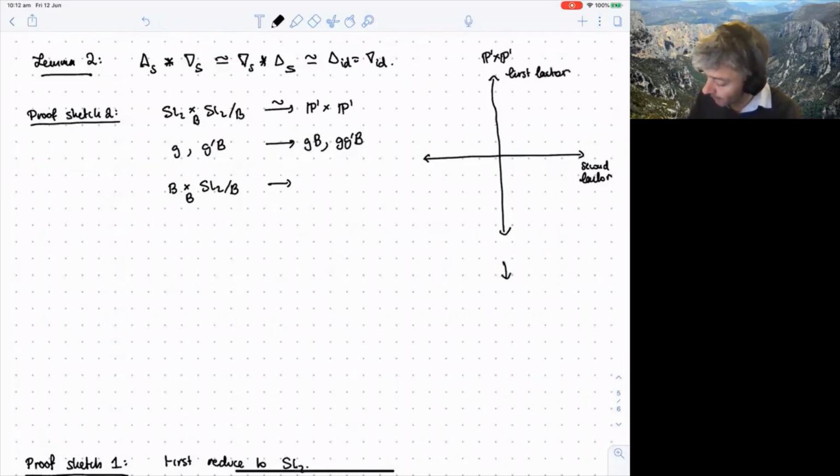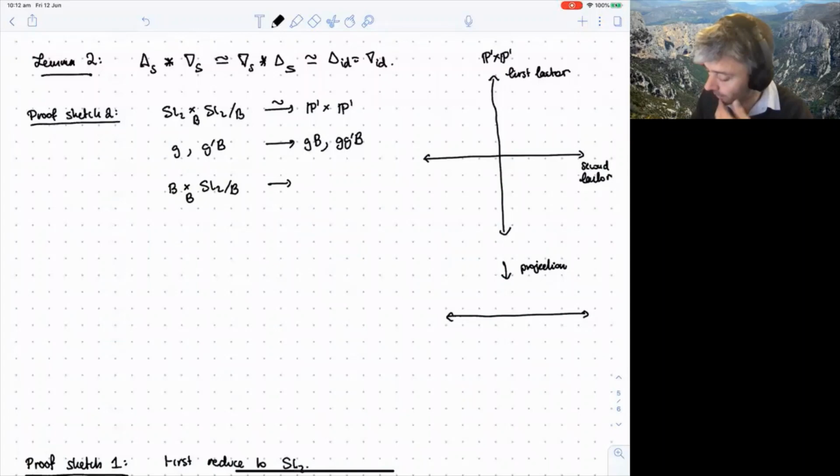And then under this isomorphism, the convolution map just becomes the projection. Okay, these convolution maps you can always rewrite so that one of the maps, the map that you're pushing forward under, just becomes the projection.